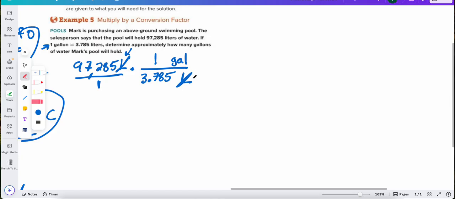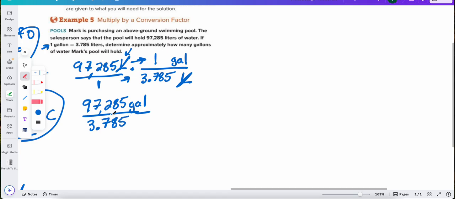When you learn to multiply fractions, you multiply straight across. Okay, the nice thing about this one is those numbers are 1. So on top we just have 97,285 gallons divided by, the bottom doesn't have units anymore, but 1 times that number is 3.785.